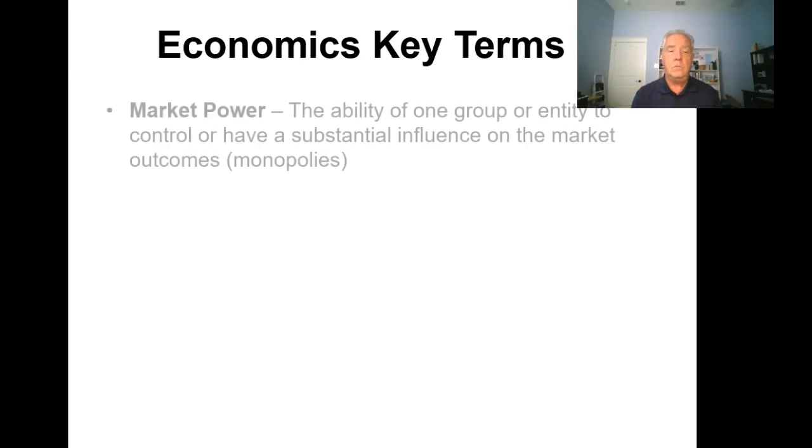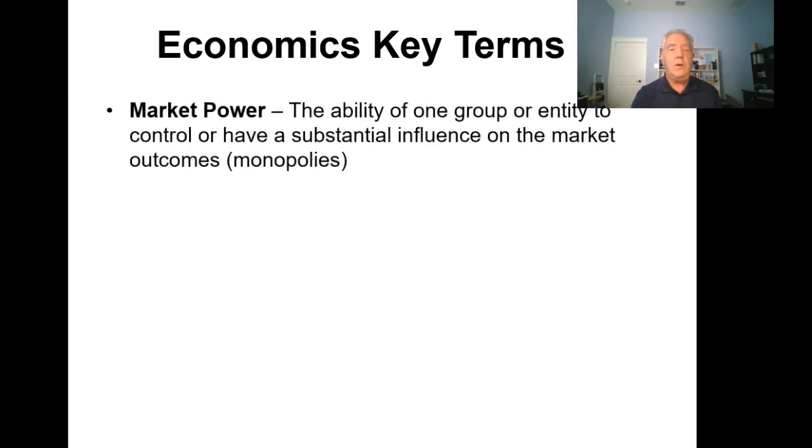Okay, lastly, more key terms. Market power. We're going to talk in this class about monopolies and oligopolies. Market power is the ability of a firm or a few firms to control the marketplace.